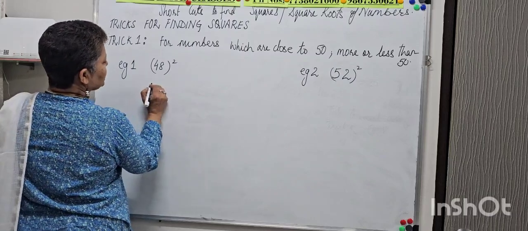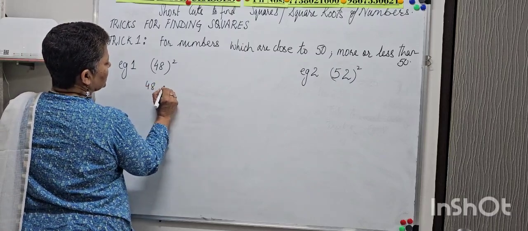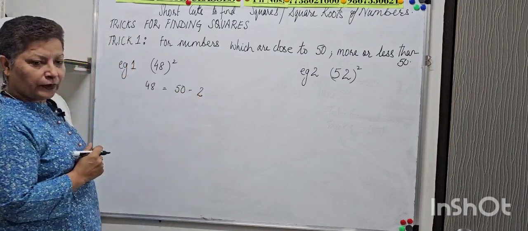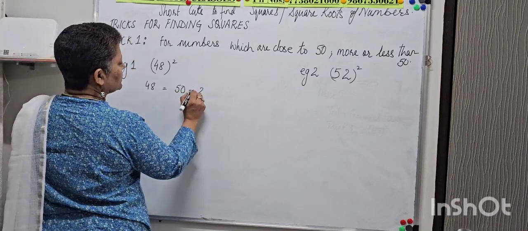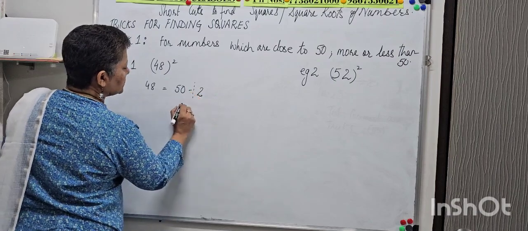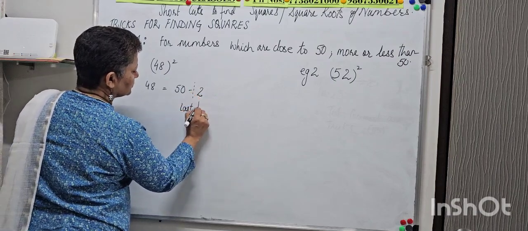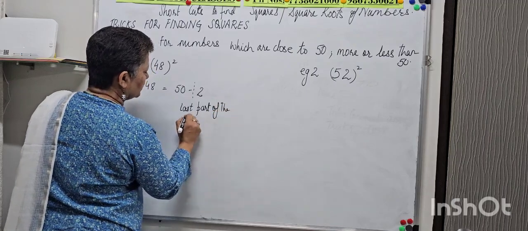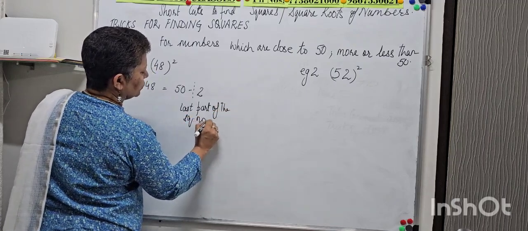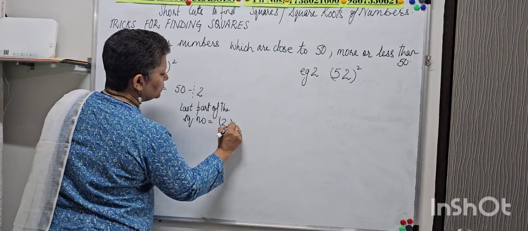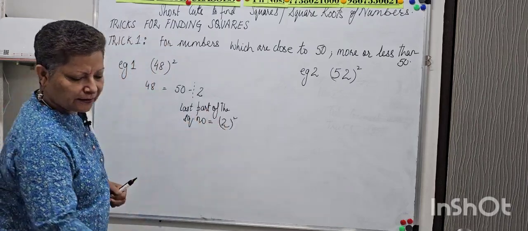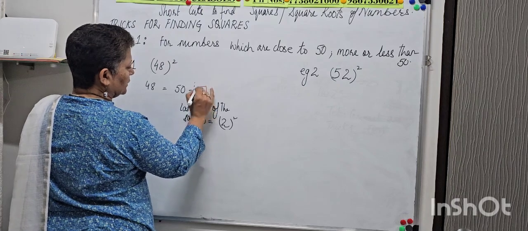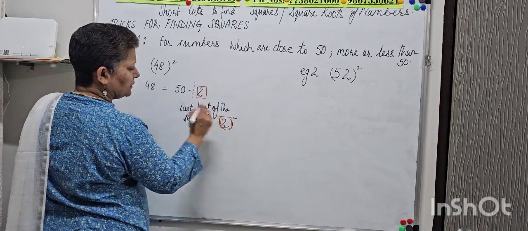Now, if I look at this, 48 is nothing but 50 minus 2. So I'm going to split this up. The last part of the square number would be the square of this 2. From where did I get this? This is the same 2 which was here, and I've written here also, right?